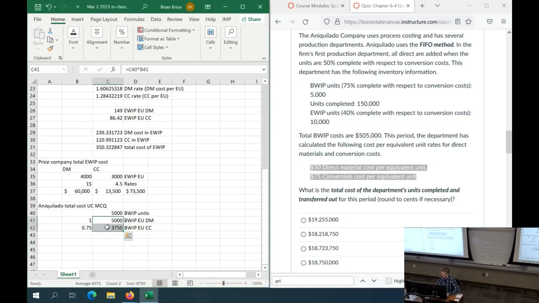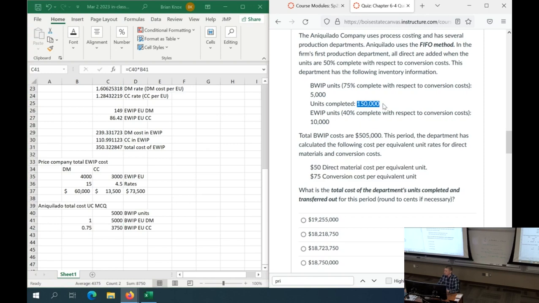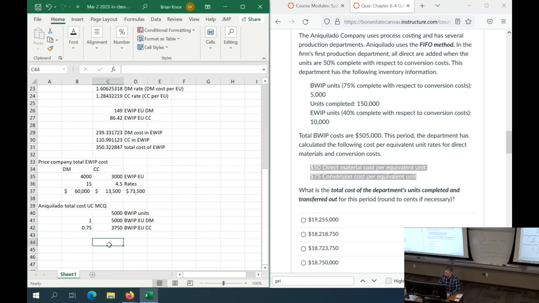I need these because I'm going to have to subtract them away from the units completed. We have 150,000 units completed, but some of those units completed are work we did last period: 5,000 equivalent units worth for direct materials and 3,750 equivalent units worth for conversion costs. So we need to subtract those away from this 150,000 before we multiply the units completed by these rates.